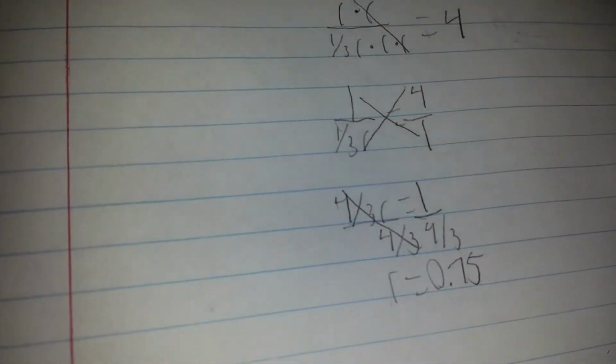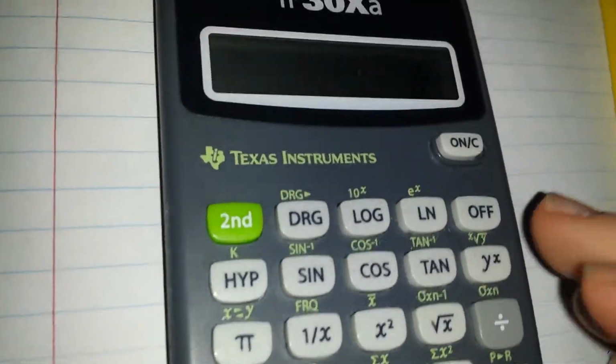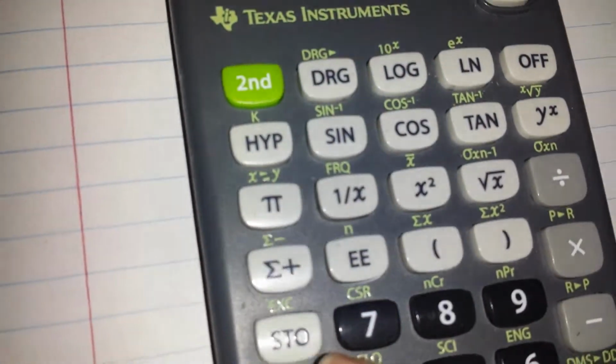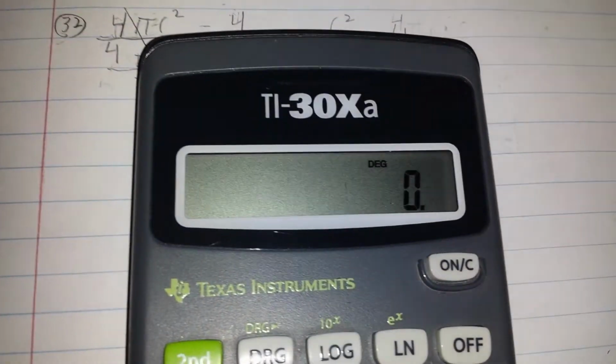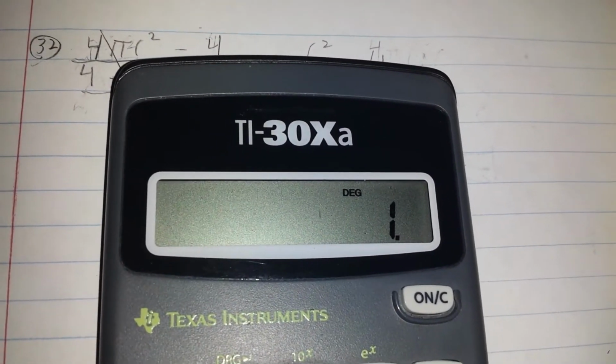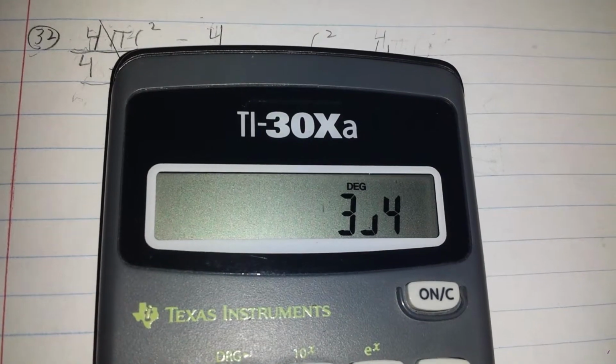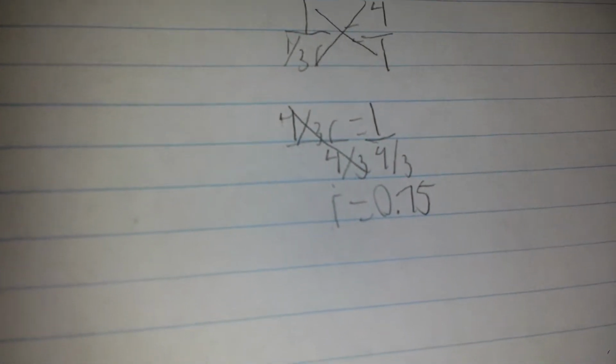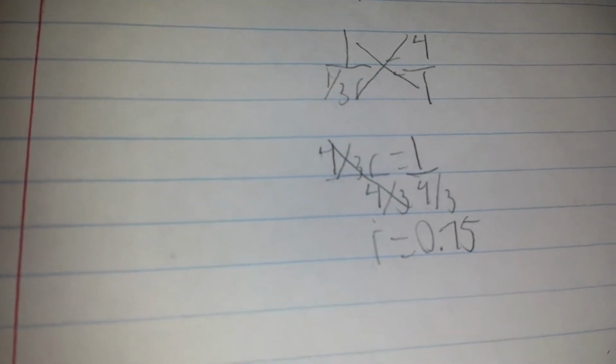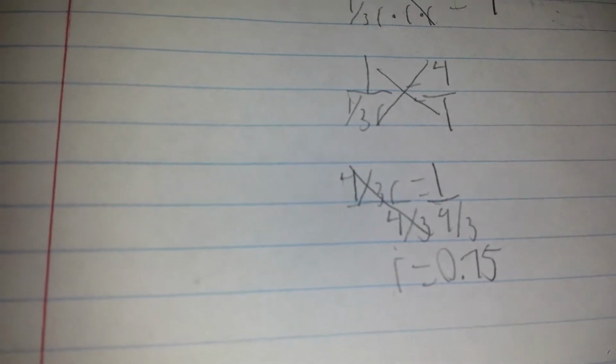And if you don't believe me, let's use the calculator. 1 divided by 4/3 is 3/4, which is 0.75. So that's how you do number 32. I hope this helped you.